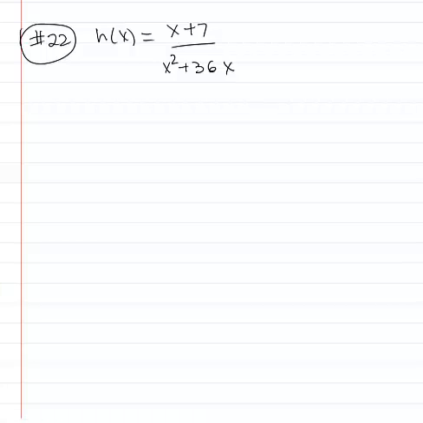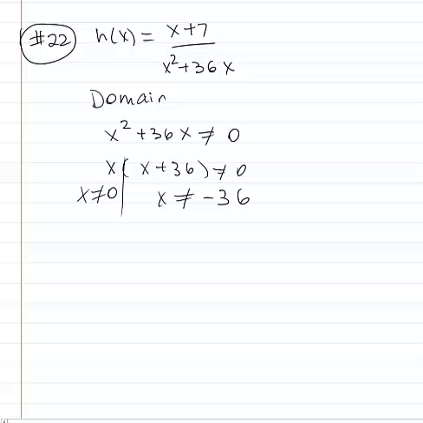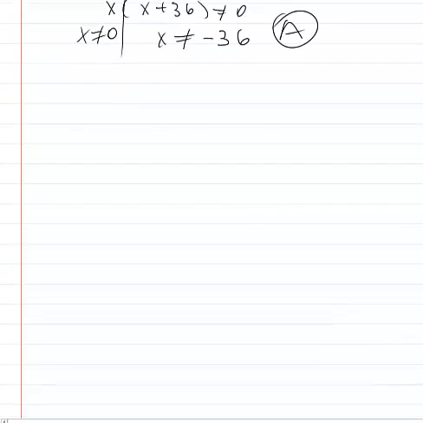Because it's a rational expression, the denominator cannot be equal to 0. So if you factor, x cannot be equal to 0, and x cannot be equal to negative 36, which is answer choice A. It's simply a restriction in the fraction.